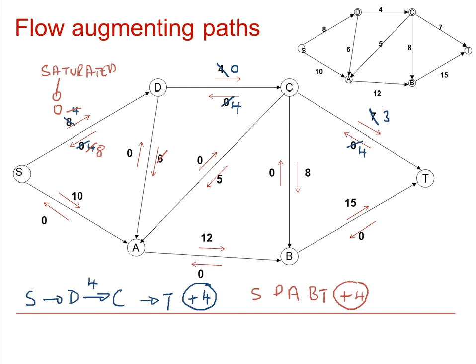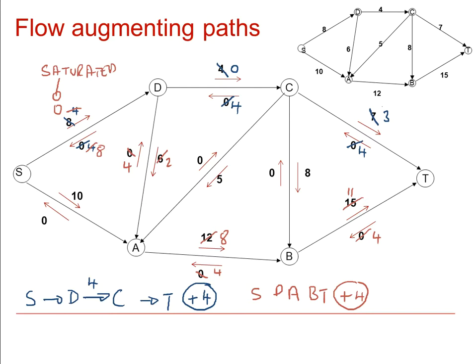Changing all of those from D to A, that will become 2, and this one 4. This will drop down to 8, and go up to 4, and the 15 come down to 11, and the 0 to 4. So remember that we are going to decrease all the forward-facing arrows, increase the backward ones.